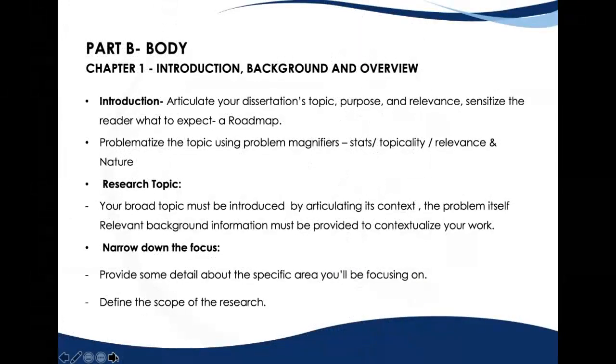Now, in broad terms, the introduction, background, and overview is the same across master's and doctoral work, and it serves the same function. It just is much more complicated at the doctoral level because the case that one is making is expected to be more deeply communicated.